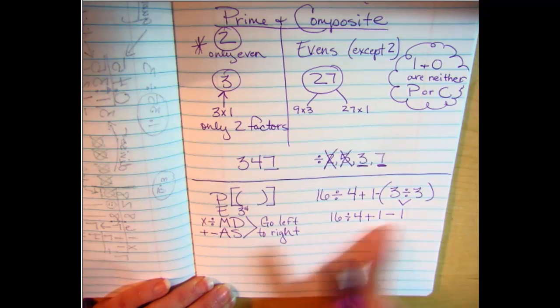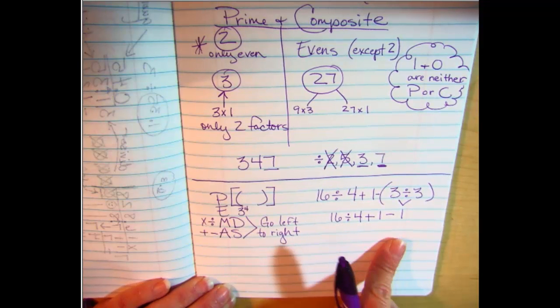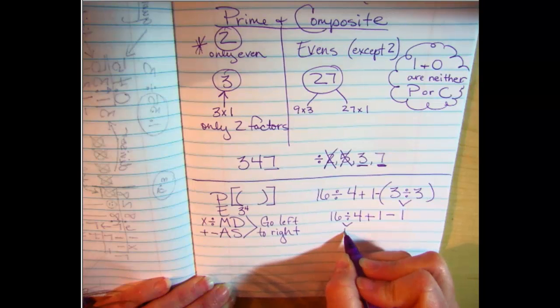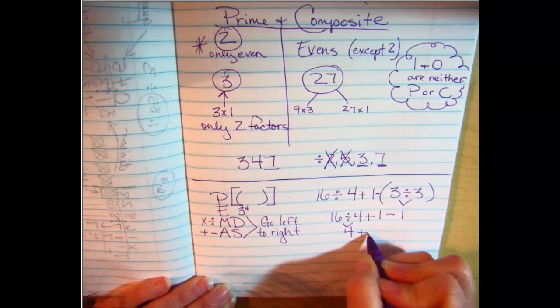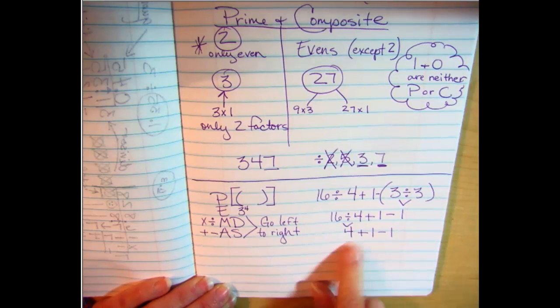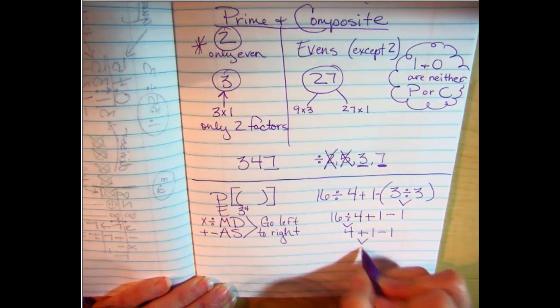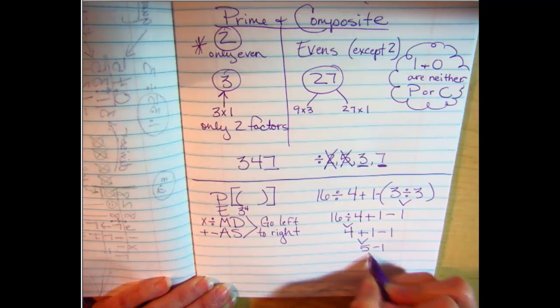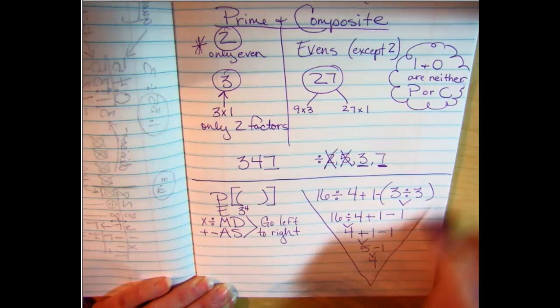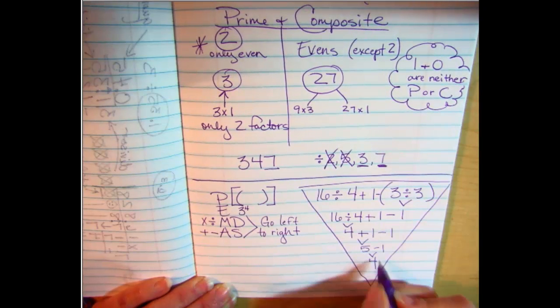We do not touch adding and subtracting until the very, very end unless it falls within the parentheses or brackets. 16 divided by 4 is 4, so I'm going to give him a caret and bring down the plus 1, minus 1. Now, I do 4 plus 1 first, which is 5, and 5 minus 1 is 4. Can you see all of my thinking?